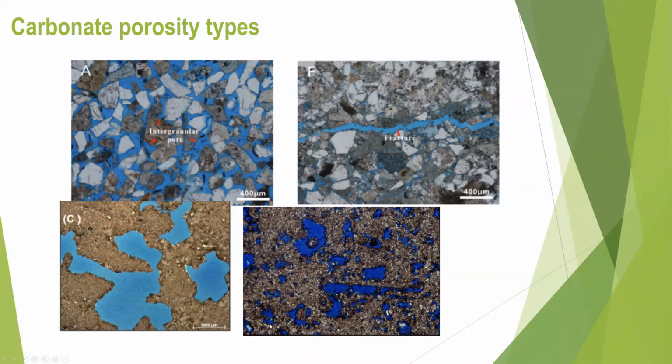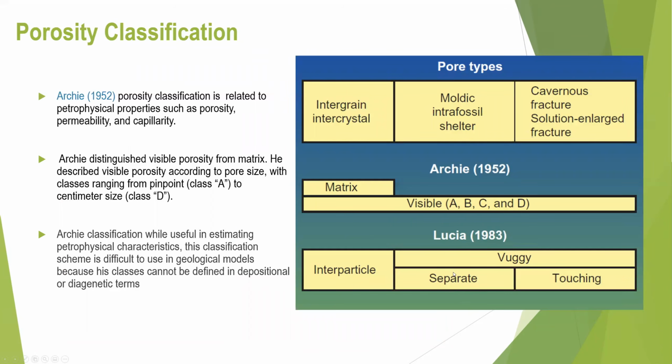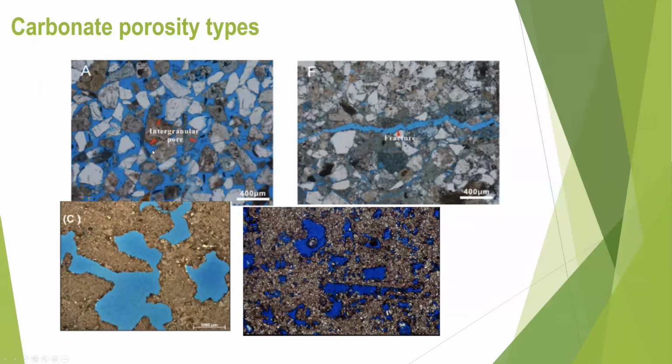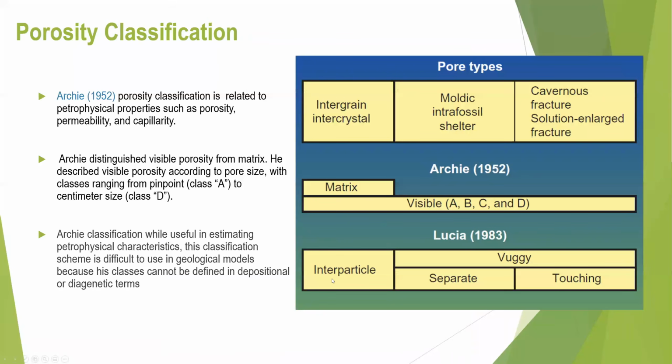So based on Lucia's classification, you should put them here in separate vuggy porosity, but for fractures, you should put them here. For this type of porosity, you should put them in the first category, interparticle porosity.